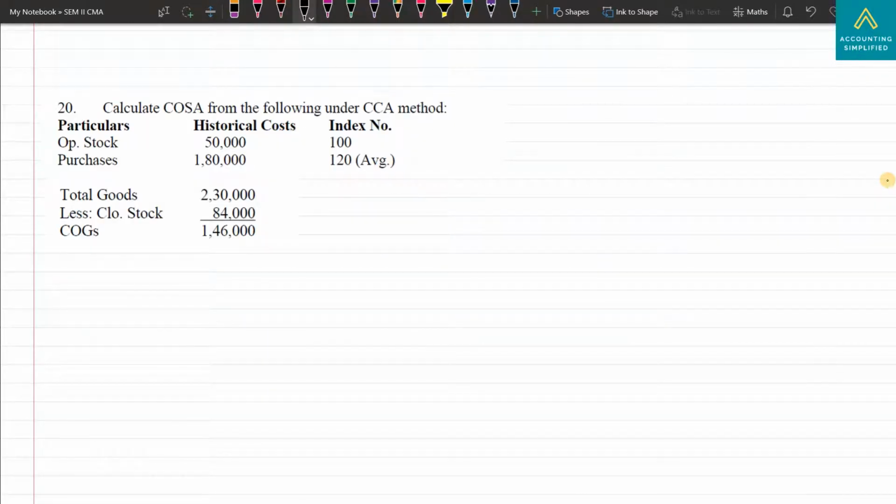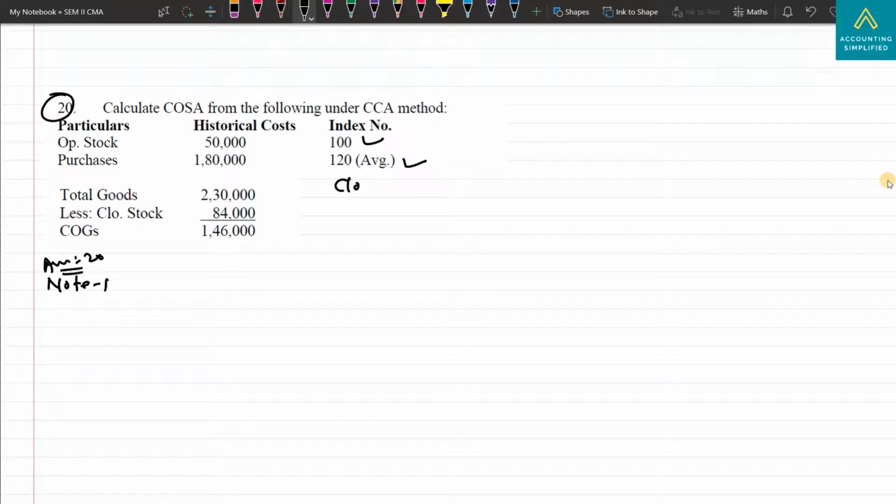Now let's start example number 20. Calculate COSA from the following under CCA method. So here historical cost is given and indices are provided. So the opening index is given, average index given, closing is not given. So we will find out the closing index first. So write down note 1, answer number 20.